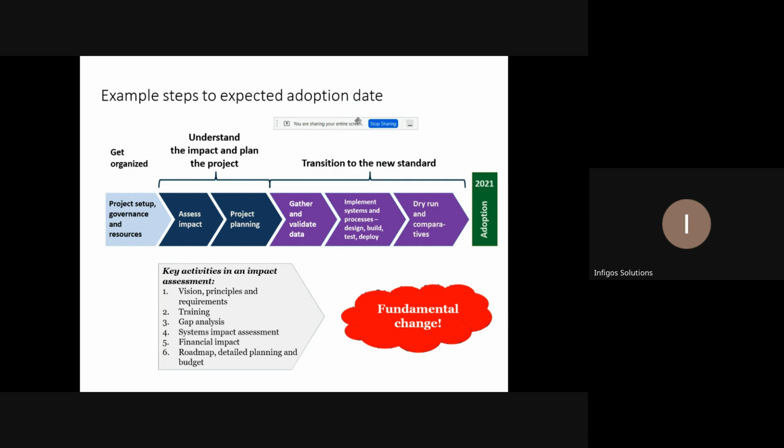You will have impact assessment, project planning, gather and validate data, implement system and process, dry run and comparison. During the assessment, you need to follow steps like training, gap analysis, system impact analysis, financial impact analysis, all this. So it's not an easy task to implement IFRS 17, but you have to implement it in case you're running an insurance company.